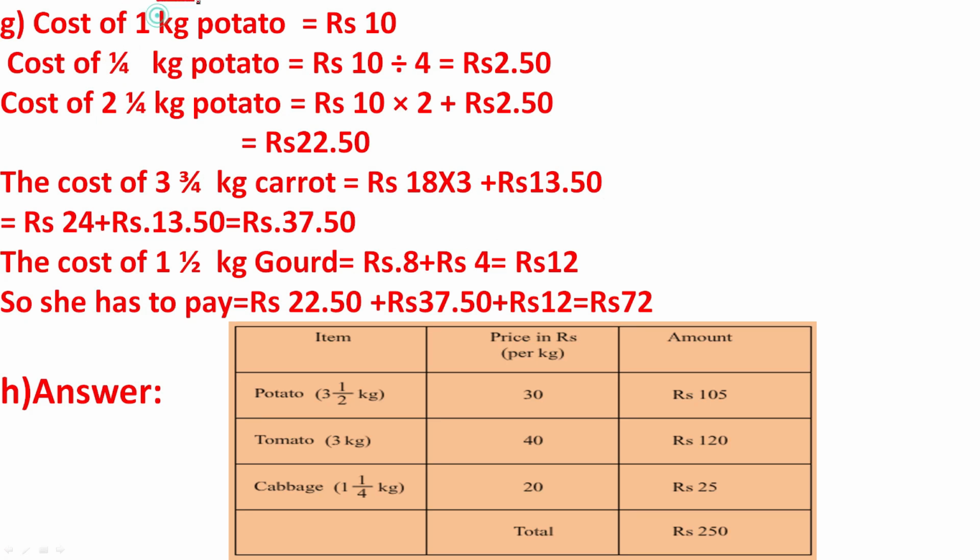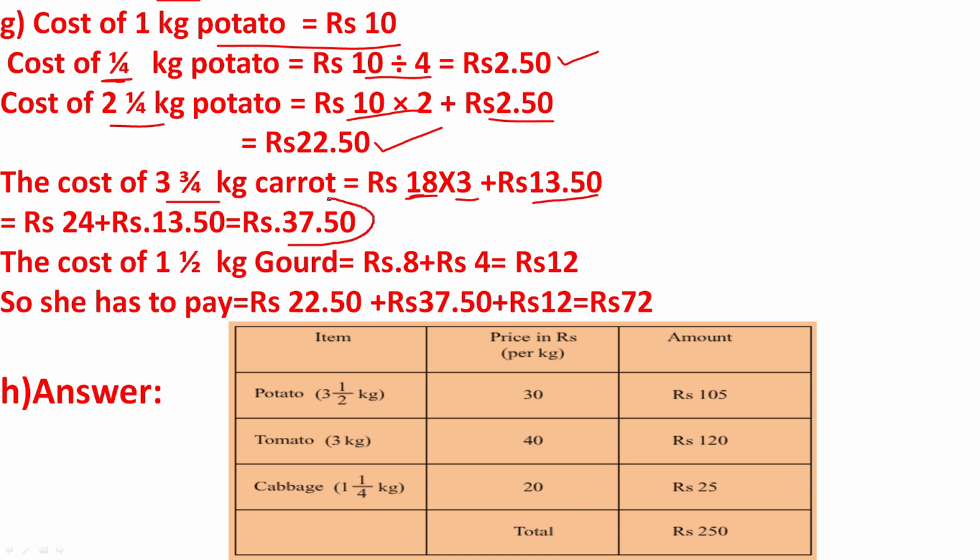Cost of 1 kg potato is 10 rupees. 1 by 4 kg, that means quarter kg, is equal to 10 divided by 4 is equal to 2 rupees 50 paise. 2 1 by 4 kg means 2 into 10 is 20 plus 2 rupees 50 paise, 22 rupees 50 paise. 3 by 4 kg carrot: 3 kg carrot 18 into 3, and 3 by 4 kg carrot 13 rupees 50 paise.